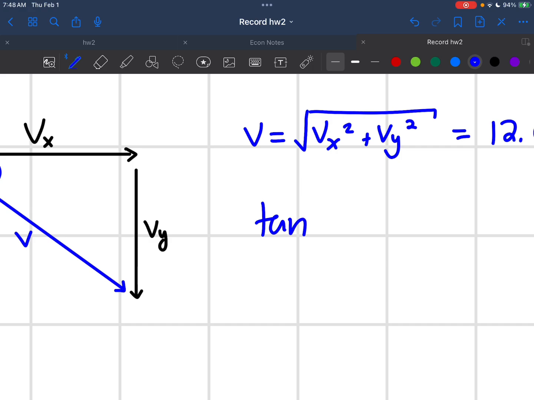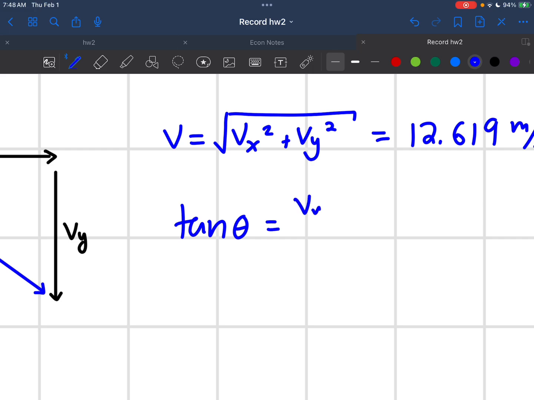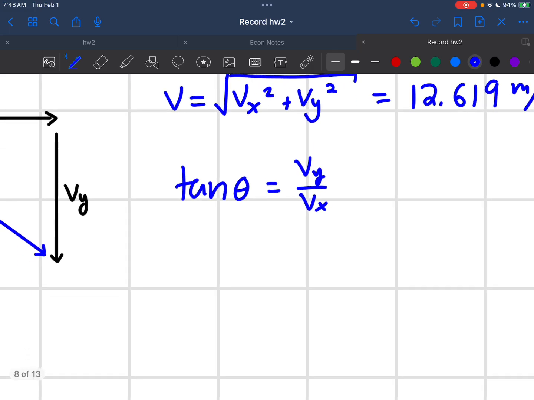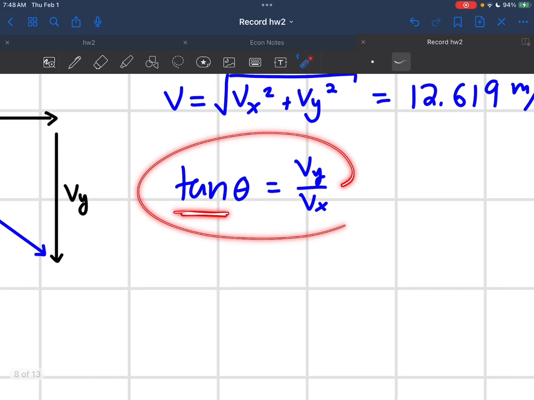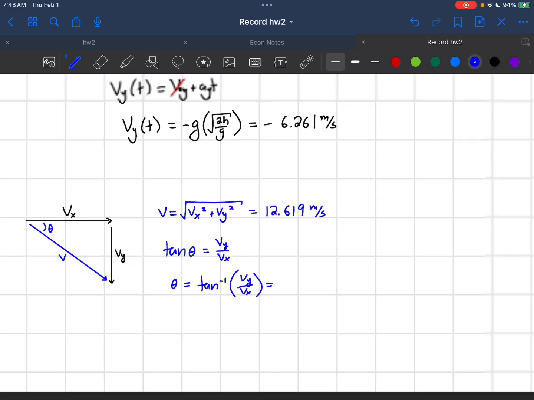I'm going to use tangent. So tan theta is opposite over adjacent, Vy over Vx. And like I did before, I take the inverse tangent of both sides of my equation. So theta is tan inverse of Vy over Vx. And remember, that's the same thing as saying arctangent.